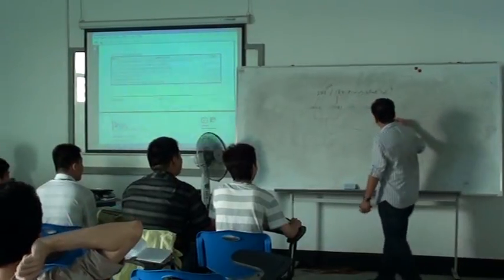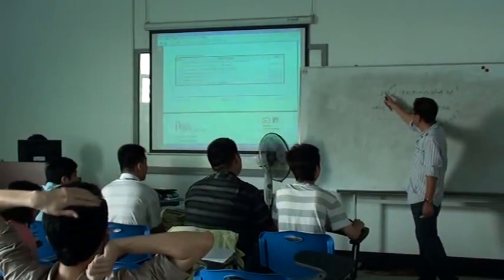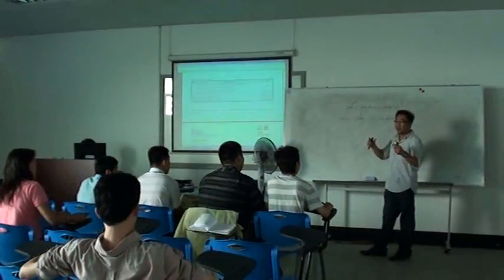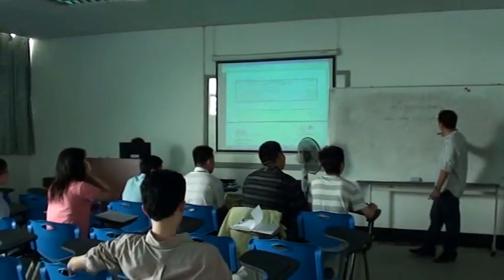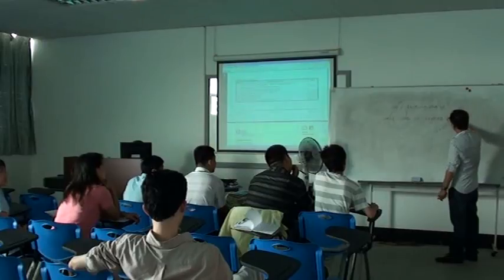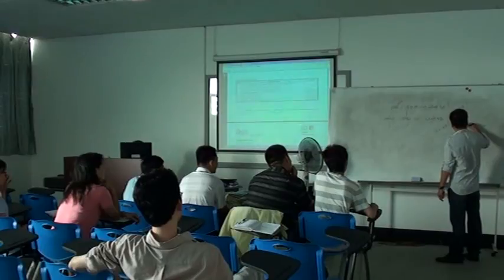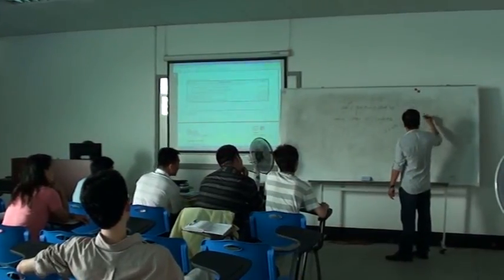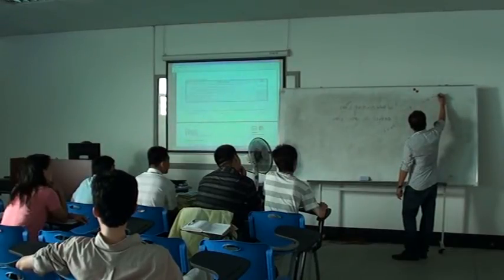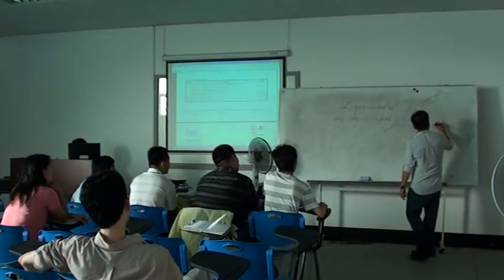But one different pin. This is DDR2, DDR3, 240 pin. This is 184. The DIMM socket on the motherboard is for DDR1, right? And for DDR2. So the DIMM socket for this is 184, and the DIMM socket for this is 240.